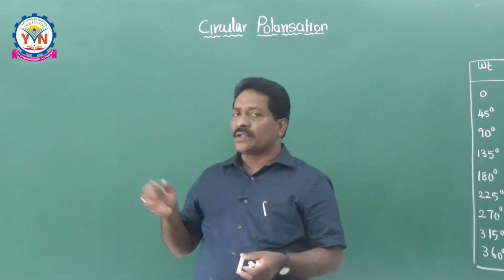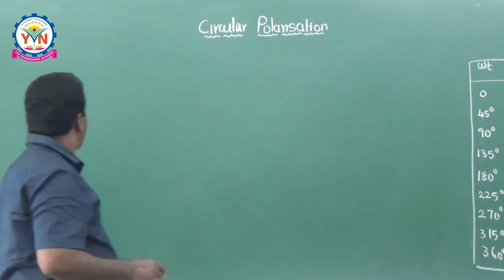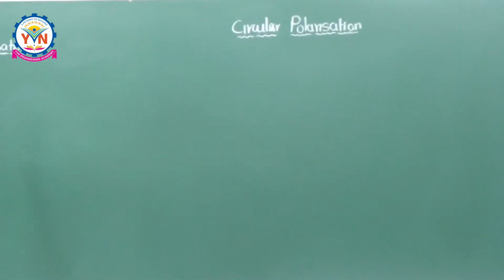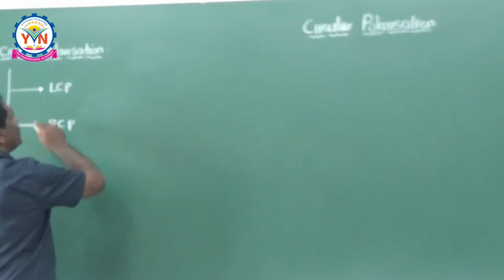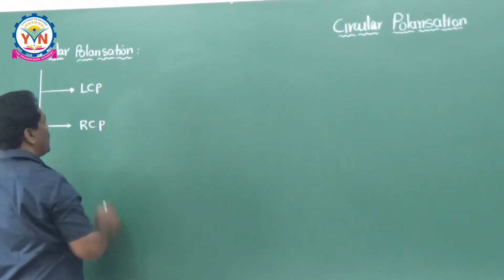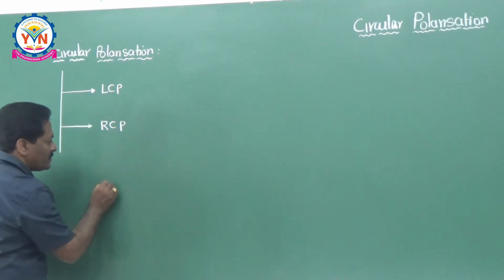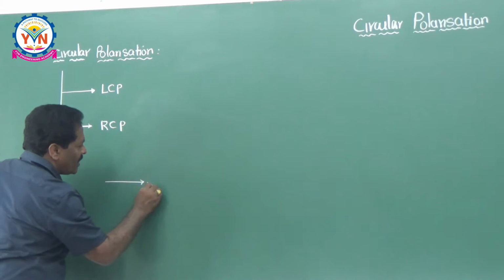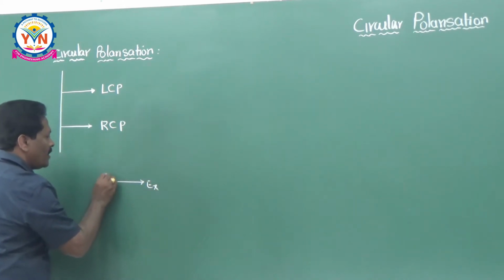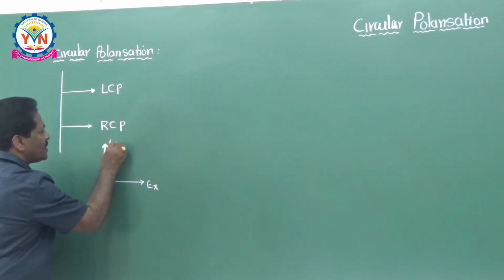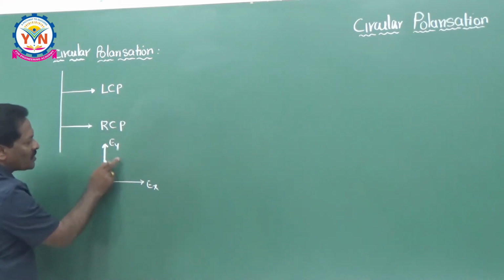Coming to circular polarization, once again, if you are assuming that the wave is propagating in that direction, then you have two components, Ex as well as Ey. But in the case of circular polarization, the amplitudes are the same.